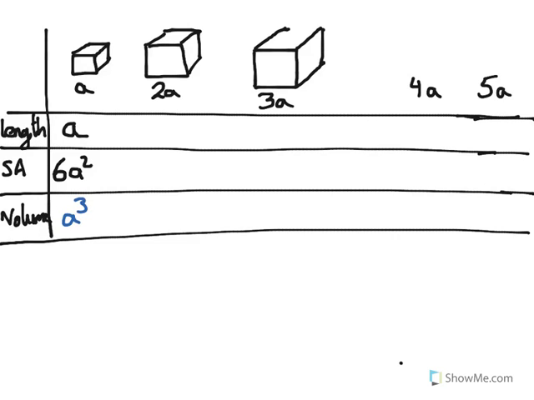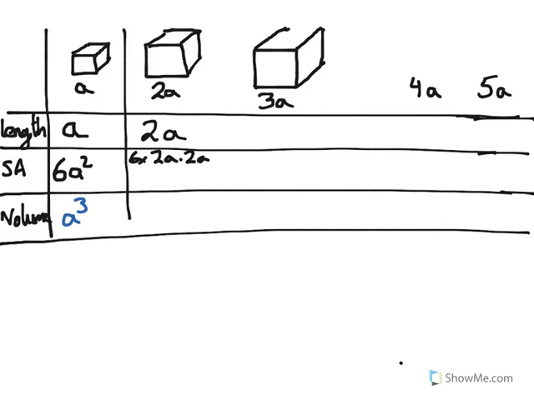Okay? What happens then when we actually double the length? The length of our new cube here is 2A. What will happen to the surface area? Well, the surface area will be 2 lots of A times 2 lots of A multiplied by the 6 sides that we have.